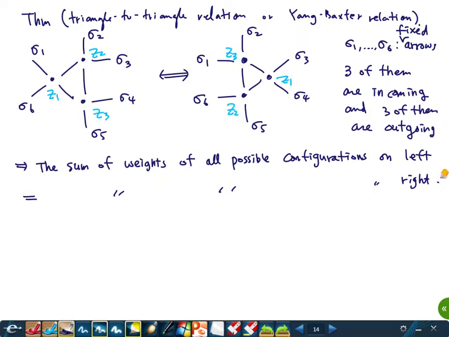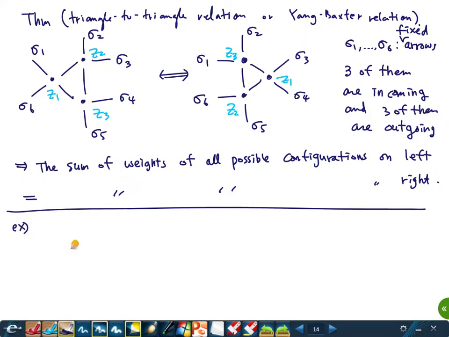For example, let's say we have the example, like initially the example that we saw. Oh, no, these are not fixed. For instance, suppose that sigmas are like this.